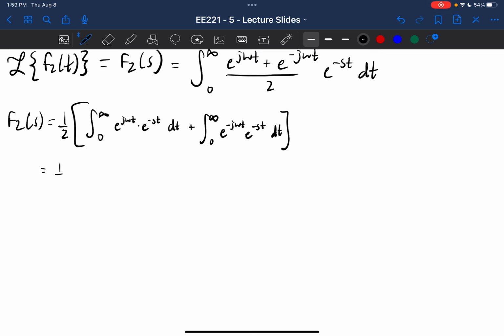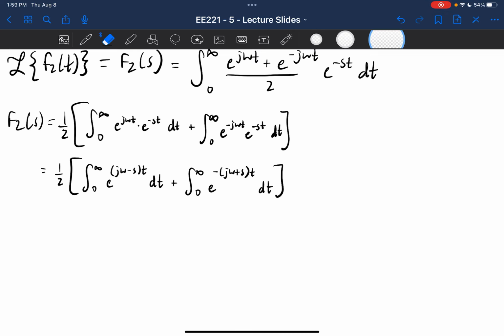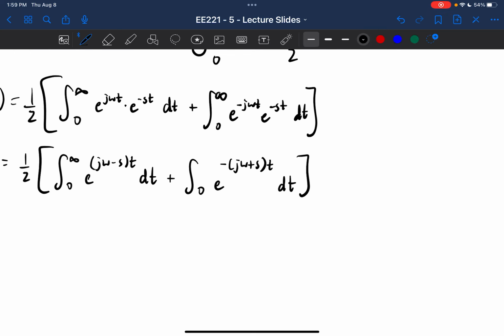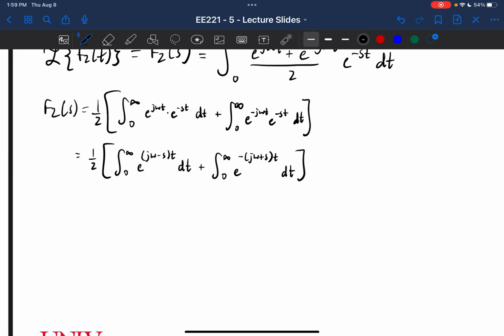We can, of course, rewrite this using exponential rules as e to the (j omega minus s) t plus e to the (minus j omega minus s) t dt. This doesn't look great. All right.